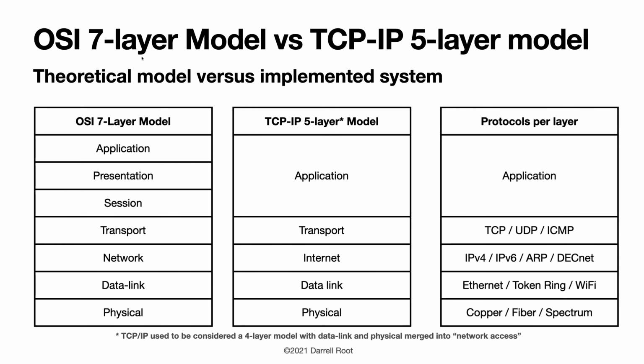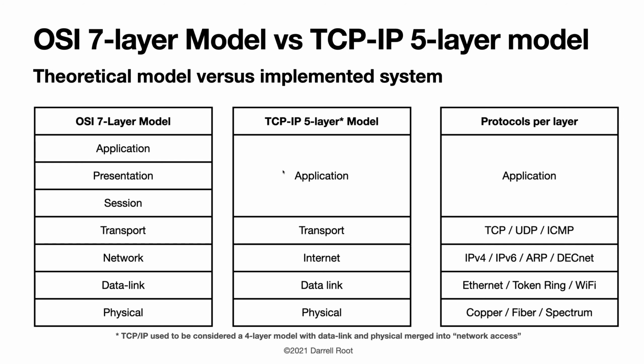The TCP/IP protocol suite has its own layered model, and it uses a 5-layer model. Starting at the top, we have the application layer, which includes all of the session creation, the presentation, data formatting, and then the application itself that you would see in the OSI 7-layer model.